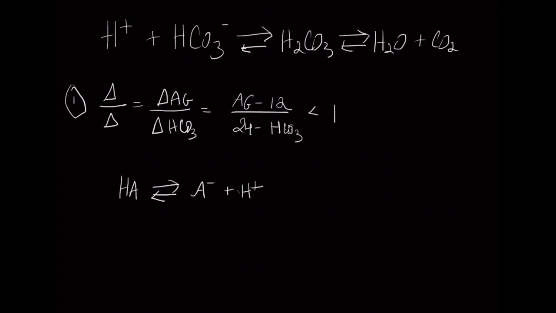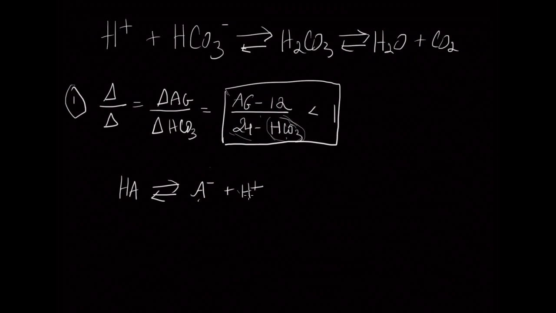The only way that you can make this fraction less than 1 is if you make the denominator much larger than it ought to be. The only way to make the denominator a larger number is if you make this particular term right here as small as it can be. So you have to have a drop in bicarbonate that's greater than what you'd see if you just liberated an organic acid.